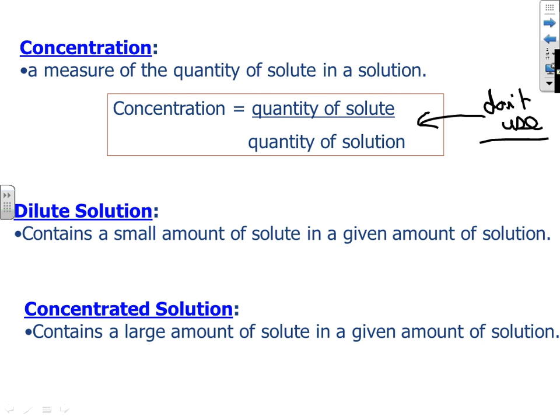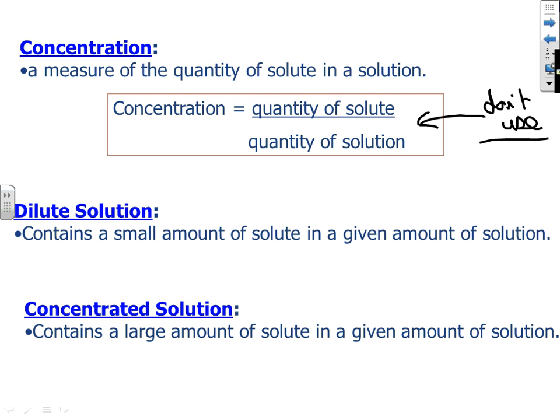And so you already have experience with these terms. You may not have ever used them, but if you put lots of water in it, so you've got a small amount of the concentrate with lots of water, then you've created a dilute juice solution. And if you use less water, it's really sweet, and my personal preference is that it's disgustingly sweet, then you have a concentrated juice solution.